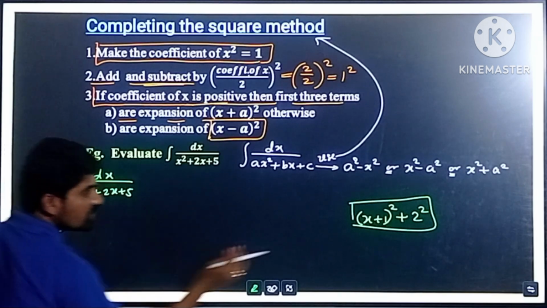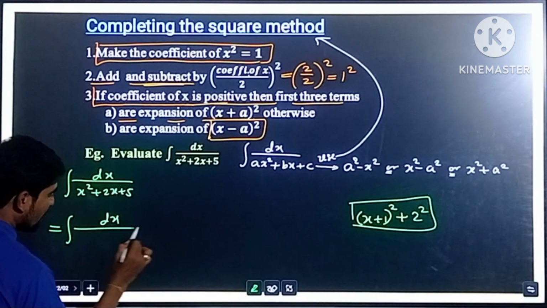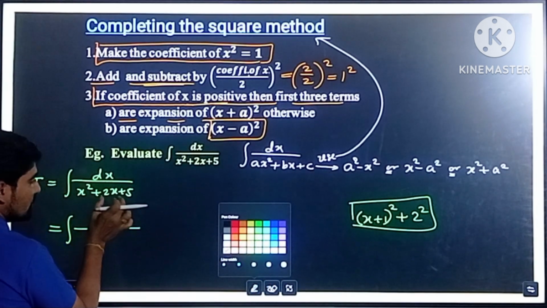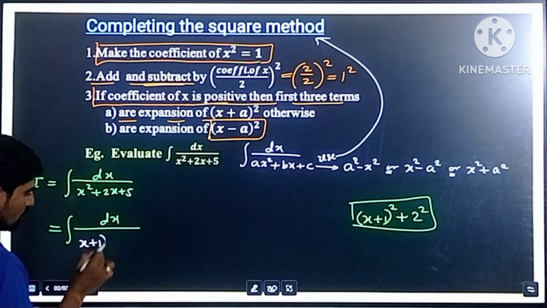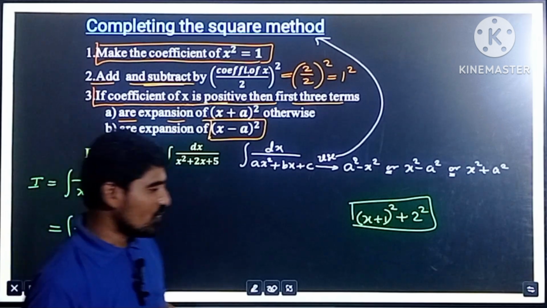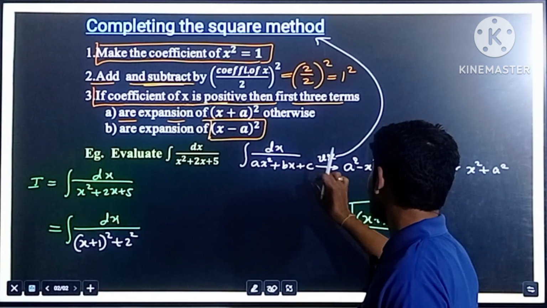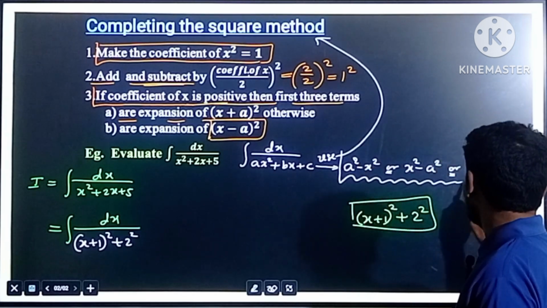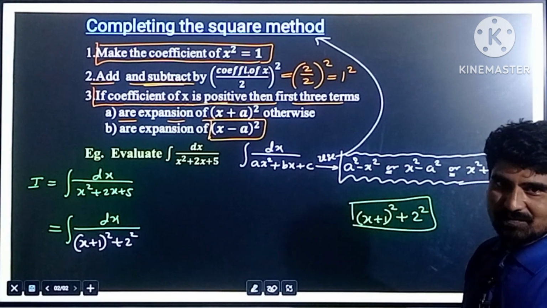Observe here, integration of dx divided by this x square plus 2x plus 5 is equal to x plus 1 whole square plus 2 square. I hope all of you understood how to convert this quadratic expression to the standard integration format.